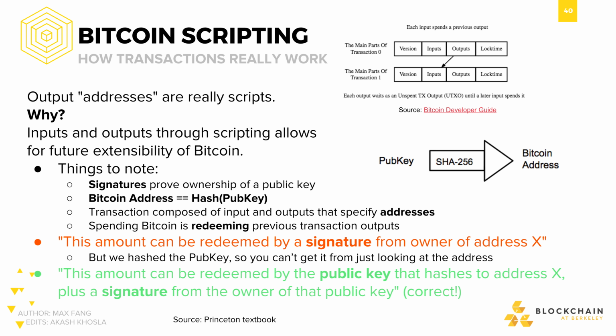So first off, how do transactions really work in Bitcoin? Output addresses are actually scripts, and scripts are basically pieces of code that do things on the Bitcoin network. Inputs and outputs through scripting allow for the future extensibility of Bitcoin, which is why they did this.